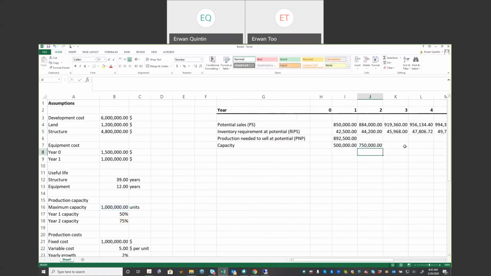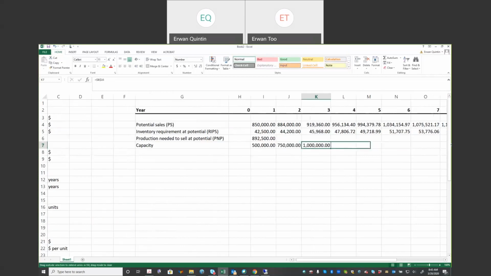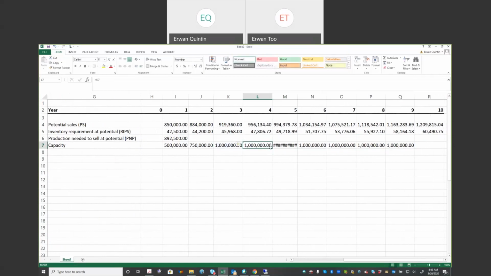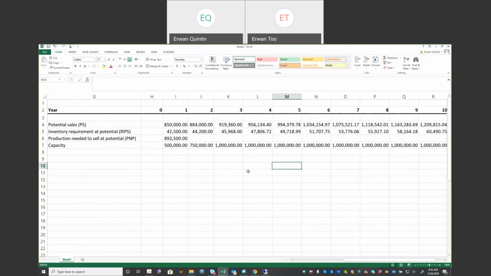And then finally, in year 3, we're going to reach maximum capacity, which is 1,000,000, F4. And of course, after that, in year 4, it is the same as year 3, all the way to year 10.